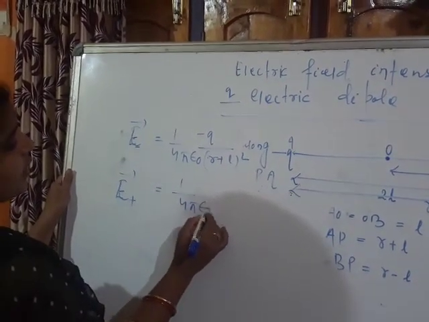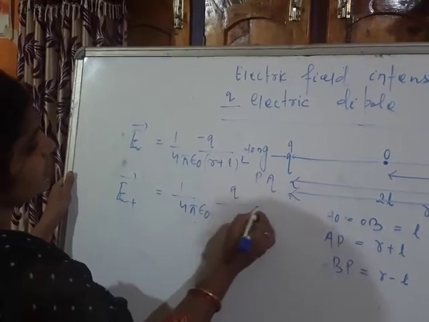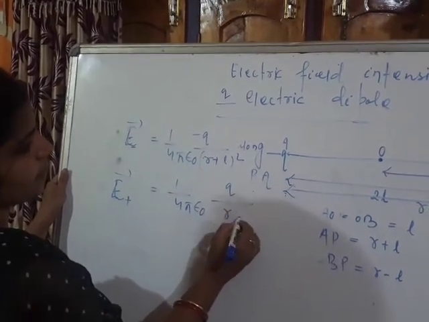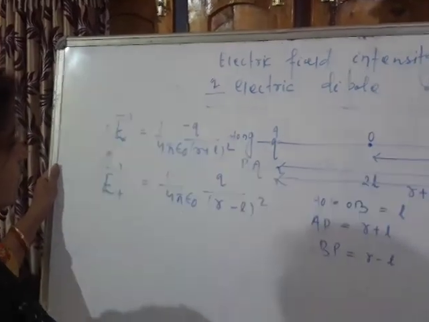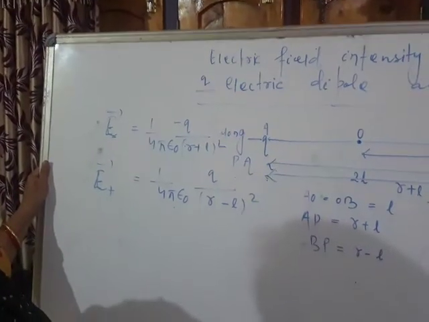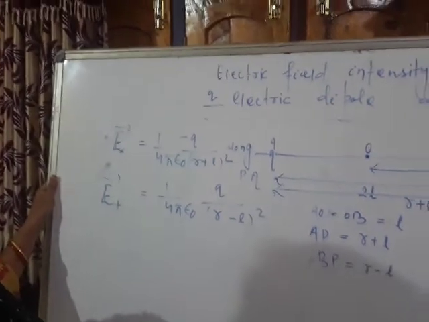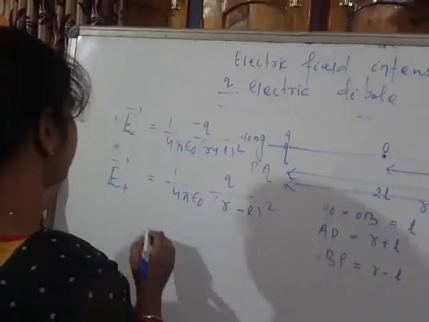4 pi epsilon naught q by r minus l whole square. Now, we will calculate the resultant electric field intensity.